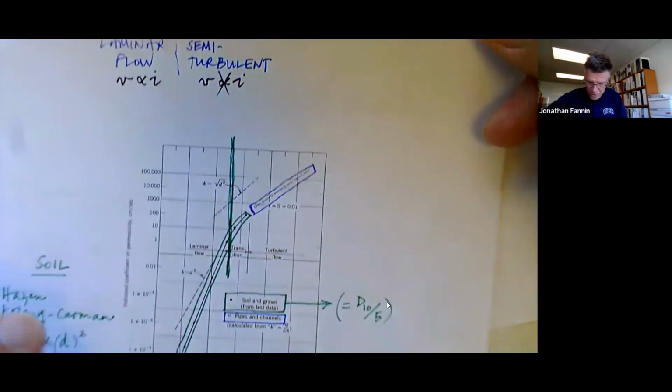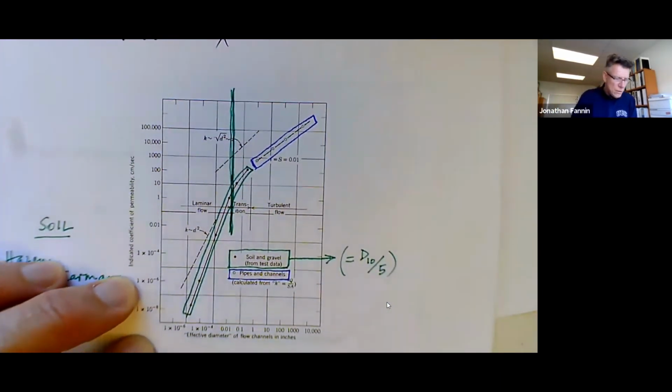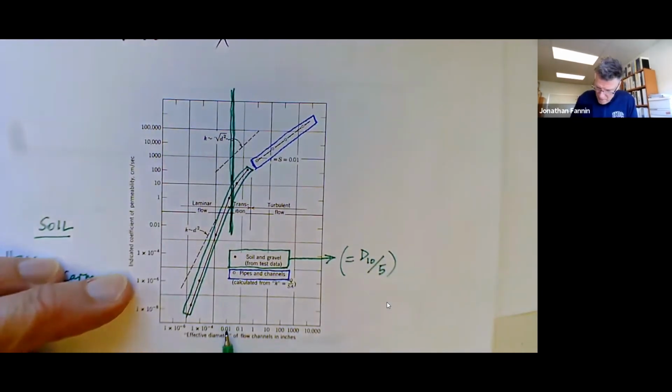But let me just highlight a point here to cross-reference next week at about 0.01.